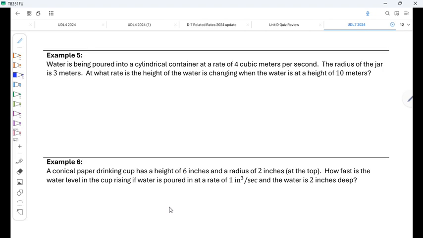So let's draw a picture. Cylinder. Radius of the jar is 3 meters. Pretty big jar.